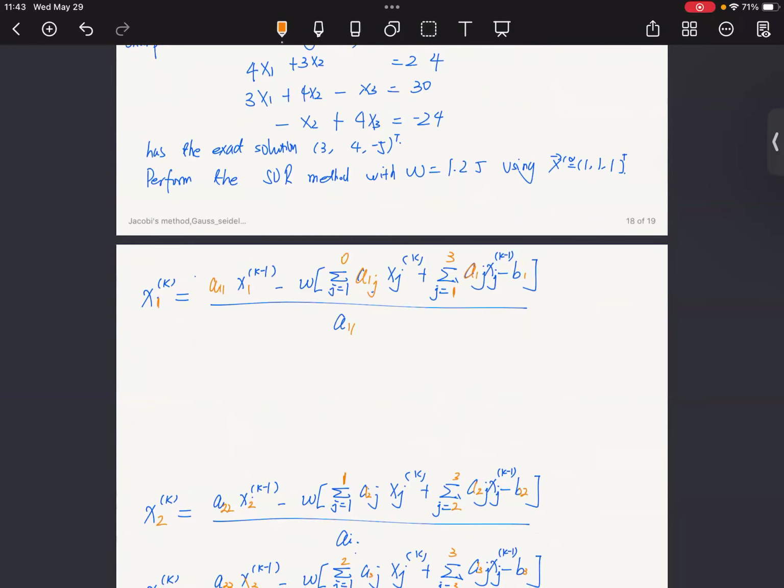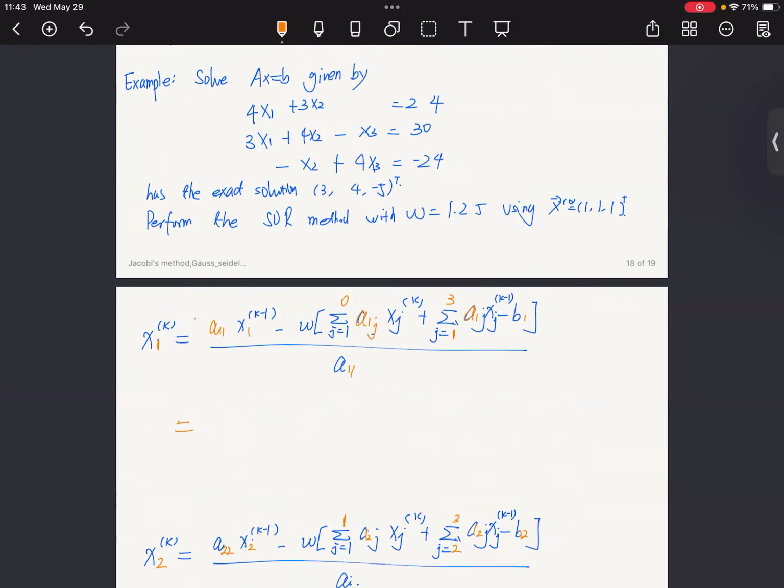What's the A11? A11 is just this, and it's 4. So I got 4 x1 at k minus 1, and then divided by A11. Am I right here?